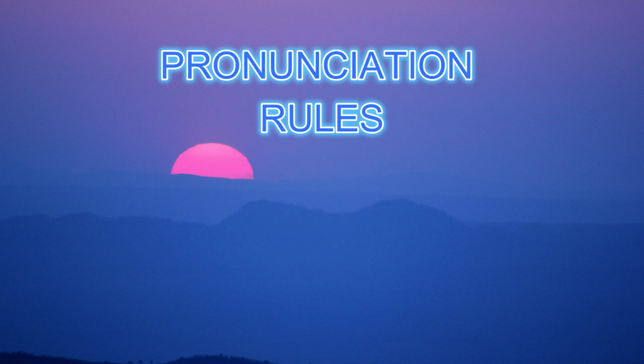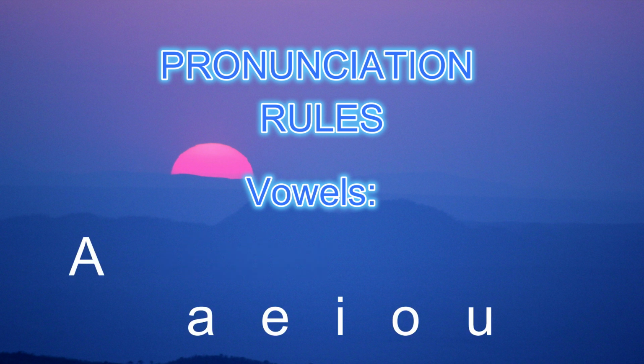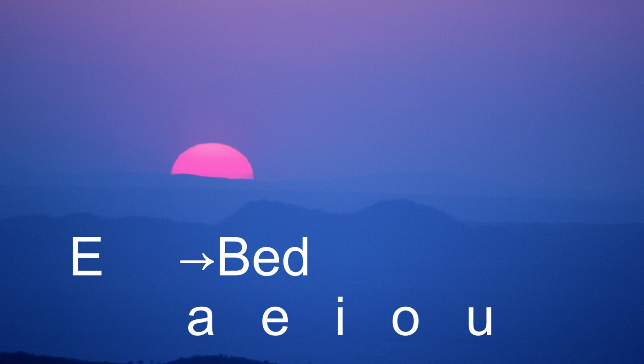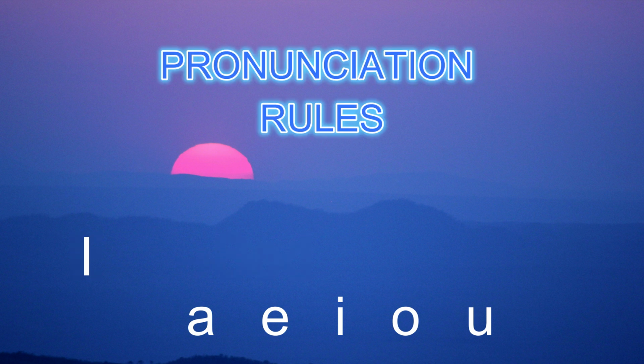The pronunciation rules. Vowels. Swahili has 5 vowel sounds, and each vowel has a single pronunciation, which is more consistent than in English. A is pronounced as A, like in father. E is pronounced as A, as in bed. I is pronounced as E, as in see.